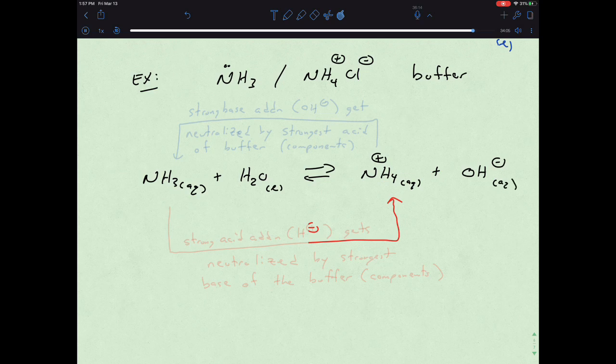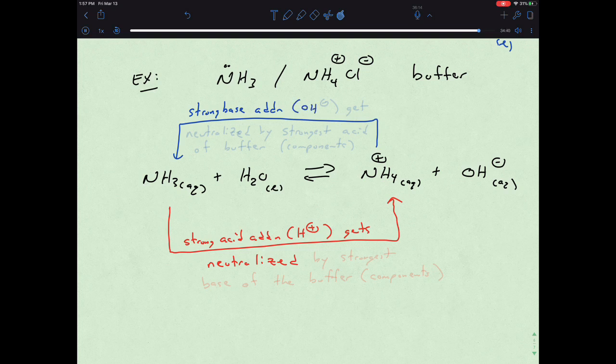If I add strong acid, right, it's going to get neutralized and gets turned into the conjugate acid of the parent base. If I add then strong base, namely hydroxide, it gets neutralized.